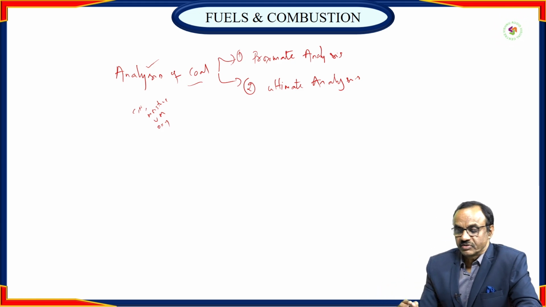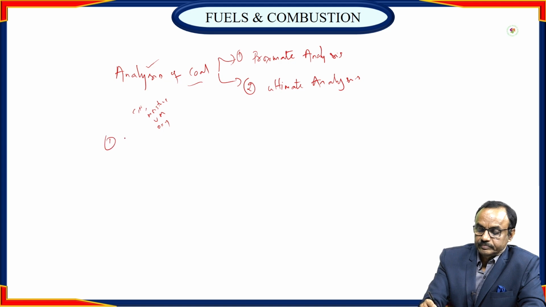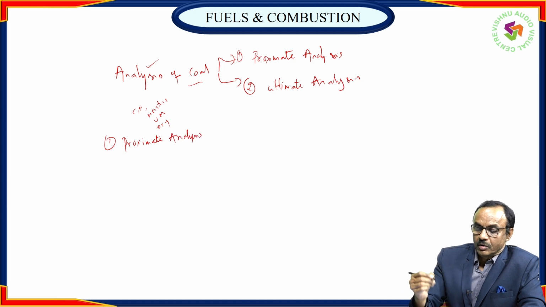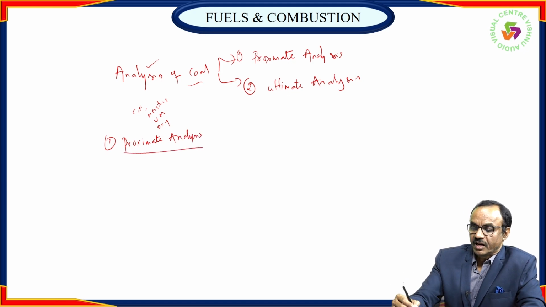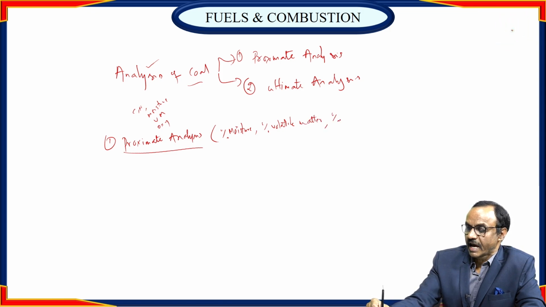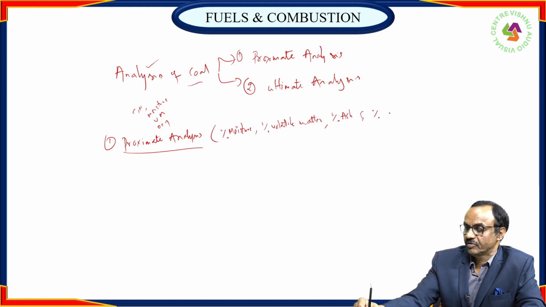First, proximate analysis. With this method we can analyze the percentage of moisture, the percentage of volatile matter, the percentage of ash, and the percentage of carbon.